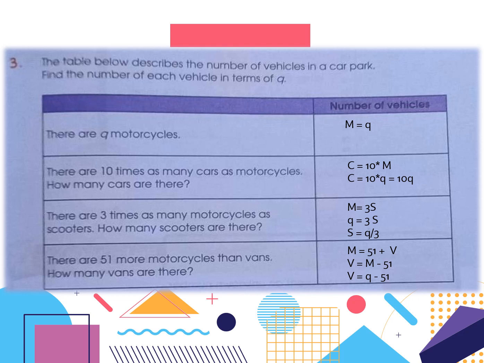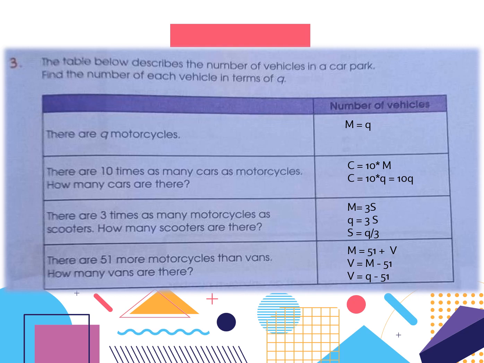So first we write the expression M is equals to 3S, and now we know that motorcycles are represented by Q, so we replace M by Q. So now we have Q is equals to 3S, but we want to know the number of scooters, so we simply take 3 to the other side, and as we know that 3 is multiplying by scooters, so when it goes to the other side, it is going to be divided. So the final expression is S is equals to Q over 3, which is the number of scooters.